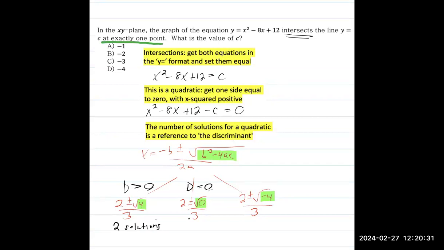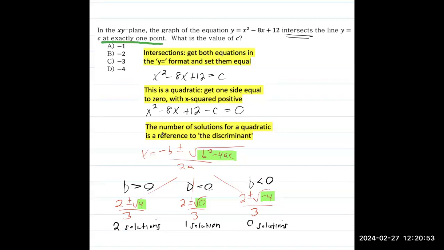When the discriminant is 0, we'd have one solution, one answer, because we're not actually adding or taking away anything. The answer would be 2/3. And if the discriminant is negative, you'd have no solutions, no answers. And that's because you're not allowed to have a negative under a radical in math.